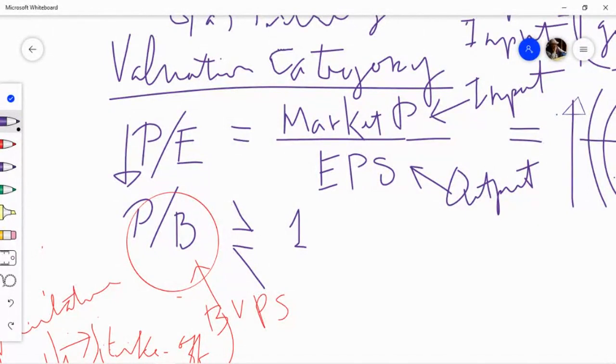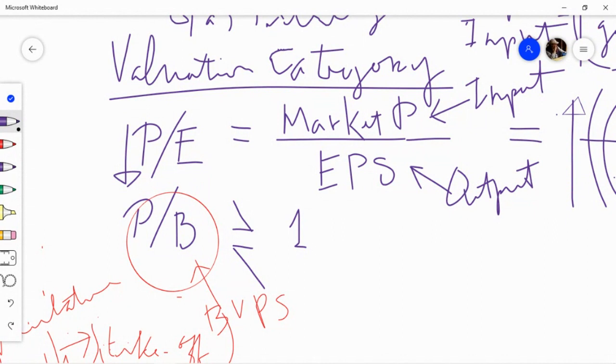If it is equal to 1, then the price is justly valued. But if it's greater than 1, then they say overvalued. But does that really mean, just by the number, that it's overvalued? It may not be really overvalued. Why? There may be a good reason.